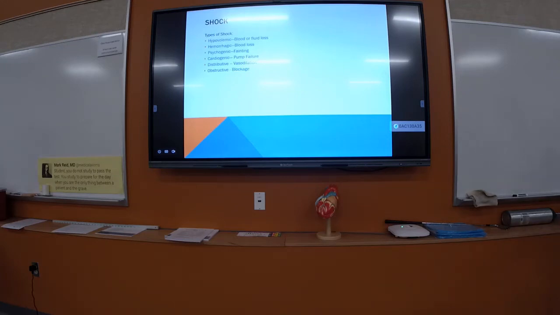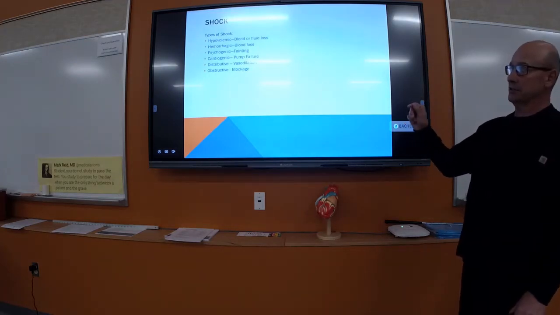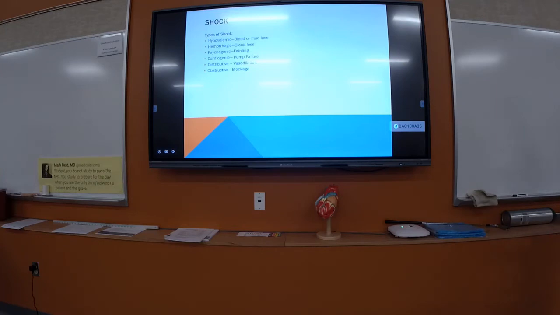You can have a worst case scenario like with food poisoning where you lose a lot of volume and go into hypovolemic shock. It's also known as hemorrhagic shock as far as blood loss is concerned. The difference is that hemorrhagic shock is blood loss, and hypovolemic shock is blood or fluid. Most people just use hypovolemic shock.